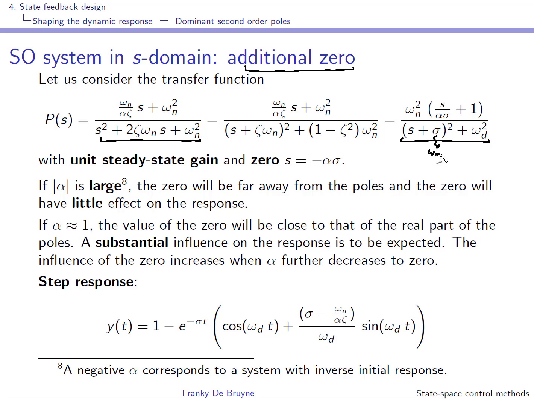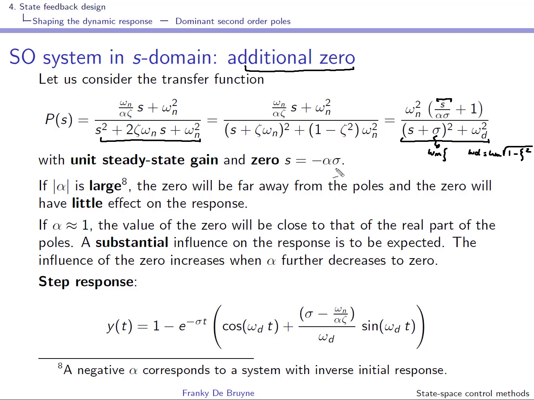Sigma here is omega n zeta, and omega d is the natural frequency times the square root of 1 minus zeta squared. So if this term disappears, we have the transfer function that we have considered before, but we have added this term over here.